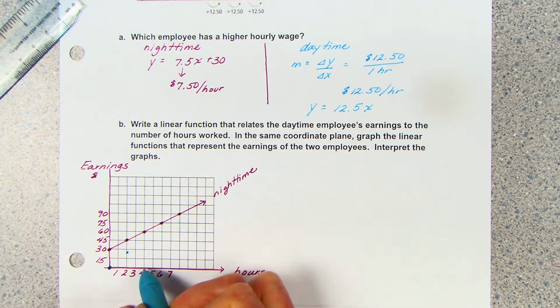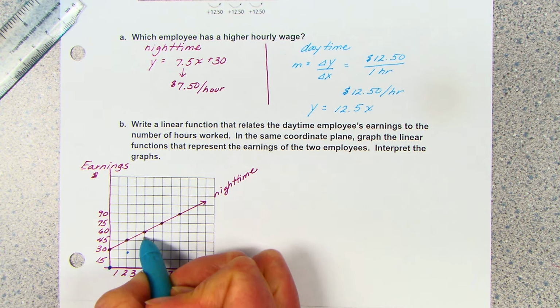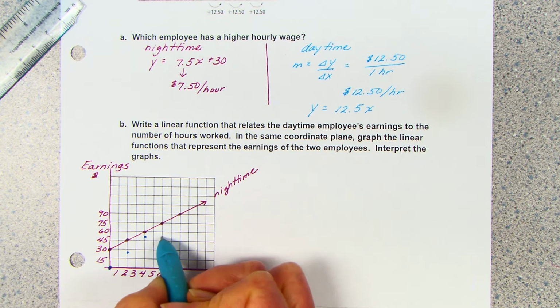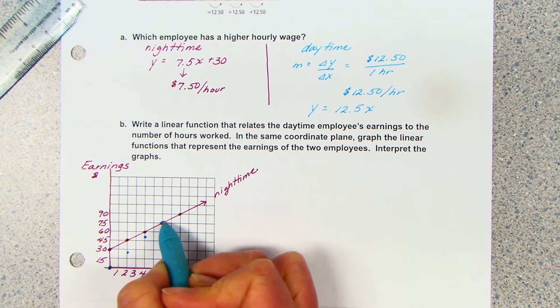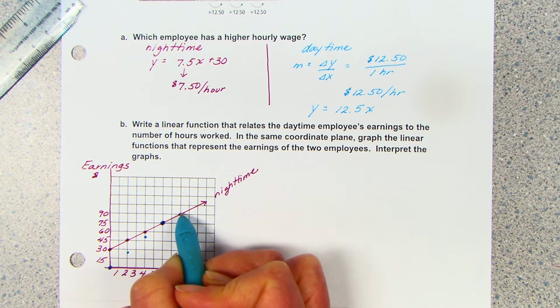And then if I go over 2 more hours, if they work for 4 hours, they would make $50. So that's getting close, almost ready to overtake them. And then in 2 more hours, I would be at 75. So that's the crossover point. And in 2 more hours, I would be up to 100, which is there.